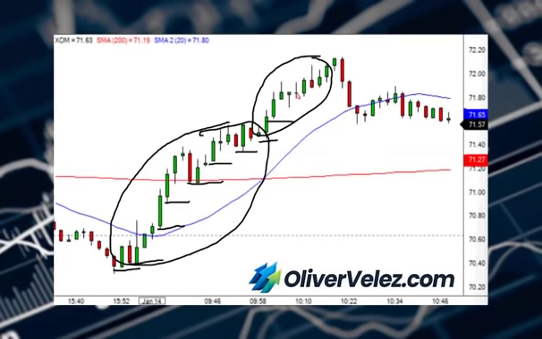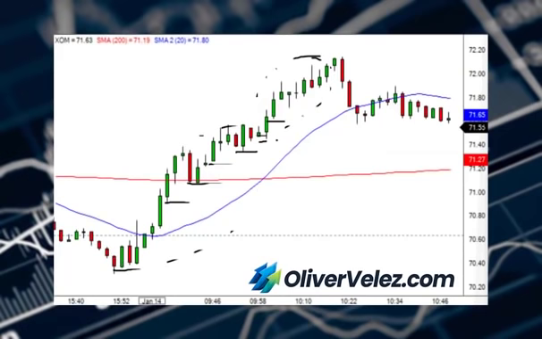So your bars tend to get smaller, not all the time, but they tend to get smaller after an elongated move because of profit taking.